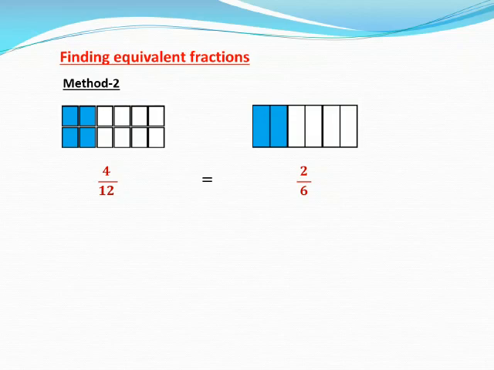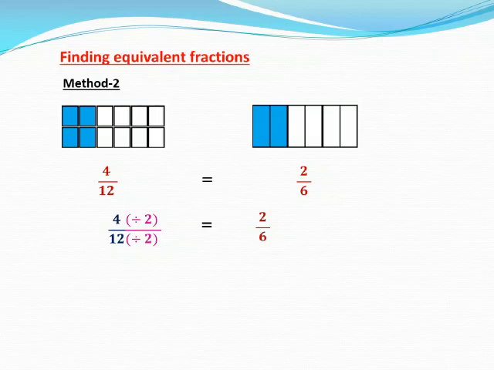Here we can see that 4 became 2 and 12 became 6. How? How can we change 4 as 2 and 12 as 6? We had to divide by a number. Which is that number? When we divide 4 by 2, we got 2. When we divide 12 by 2, we got 6.